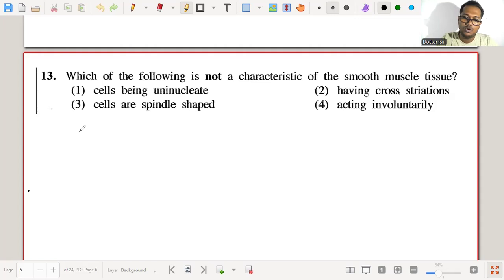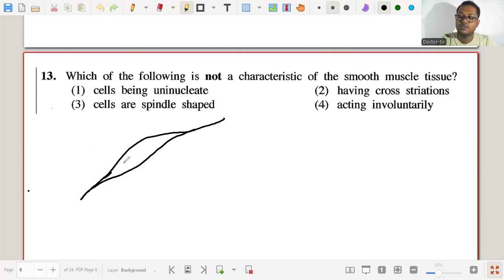You should know all the ins and outs about smooth muscles. We have three types of muscle: smooth muscle, cardiac muscle, and skeletal muscle. This is one smooth muscle cell. What shape? They have a spindle shape.